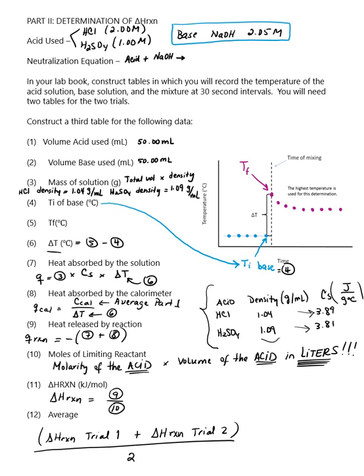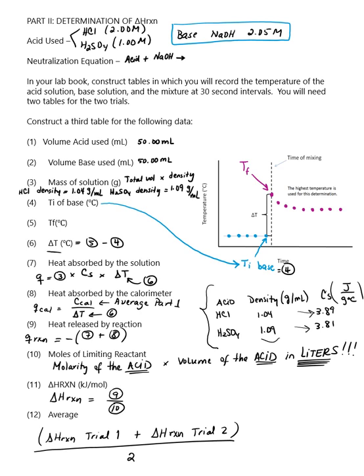So if your final temperature is higher, when you're calculating your delta T, you're getting a positive number. If the change in temperature is a positive number, that sign is the one that is going to determine what sign you're getting for the heat that you're calculating. So the amount of heat absorbed by the solution is a positive number.